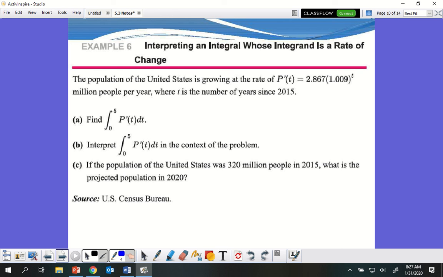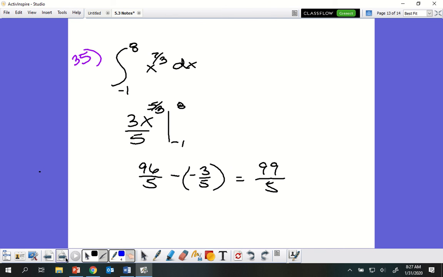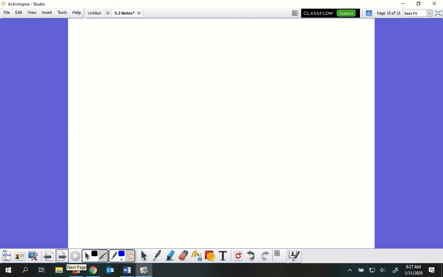Okay, so find the integral. Now, t is my variable, right? So if I write it out, it is P prime of t. Let's go on another page.